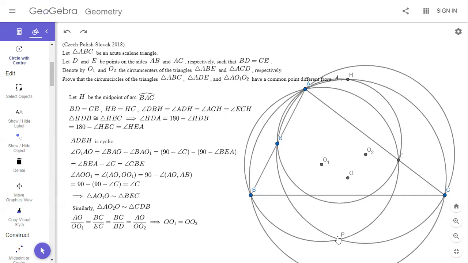I feel like, do we really need point P? Let me see if there's a way to do it without point P. Maybe we do need point P. Yeah, PDB equals PEC because that is cyclic, so we can show by angle side angle that they're congruent.